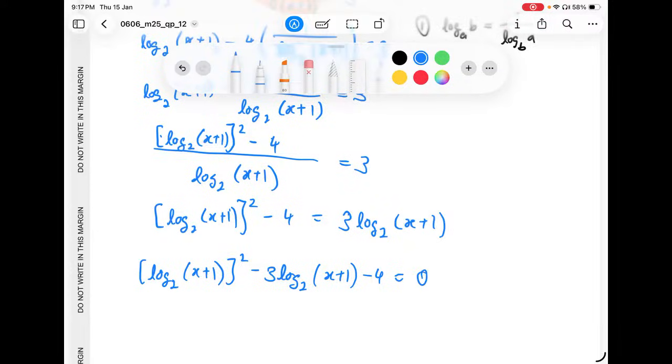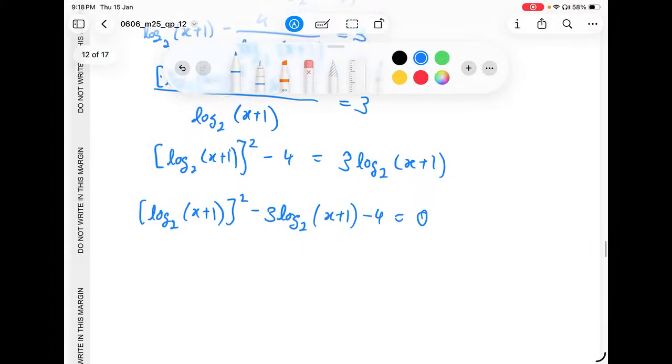Now you might be stuck here, but there is a solution to this. How do you find it? Very easily. You can see that log_2(x+1) is common to both terms.